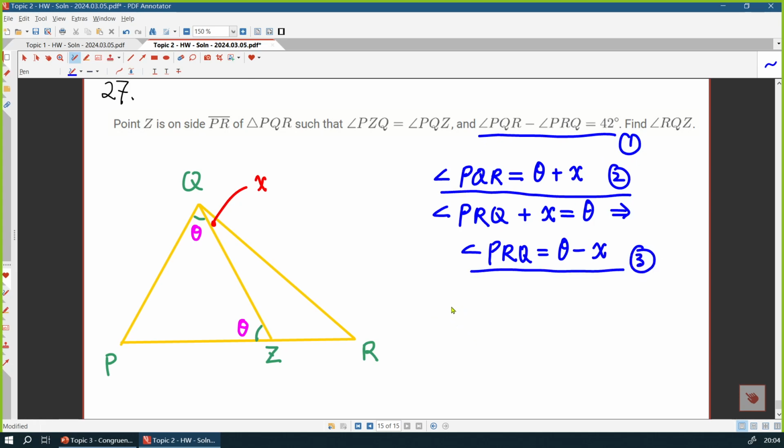So from equation number 1 to 3, we can have theta plus x minus theta minus x equals 42 degrees, right? Because PQR is theta plus x, and PRQ is theta minus x.